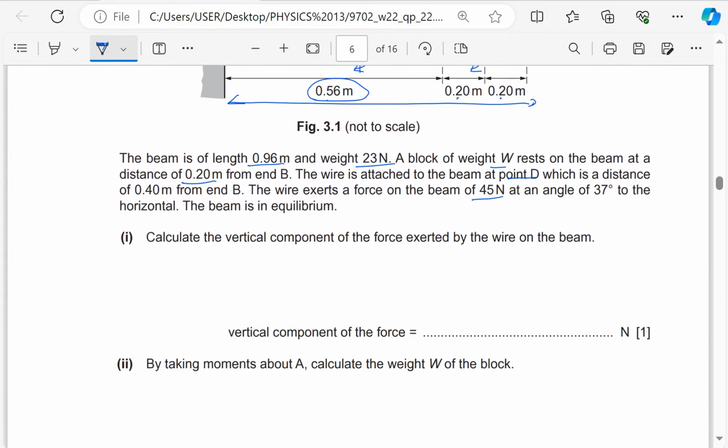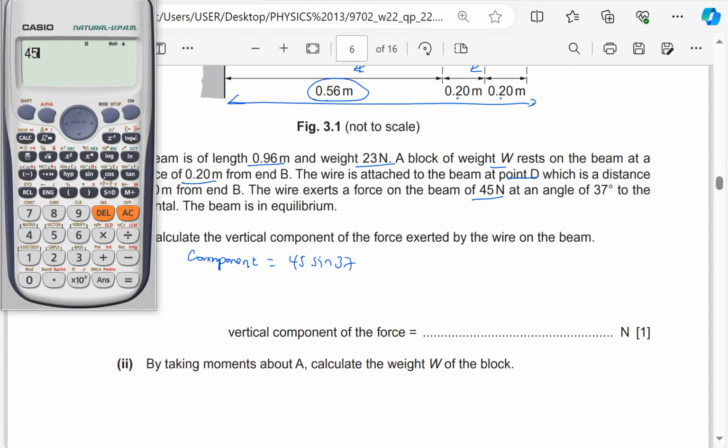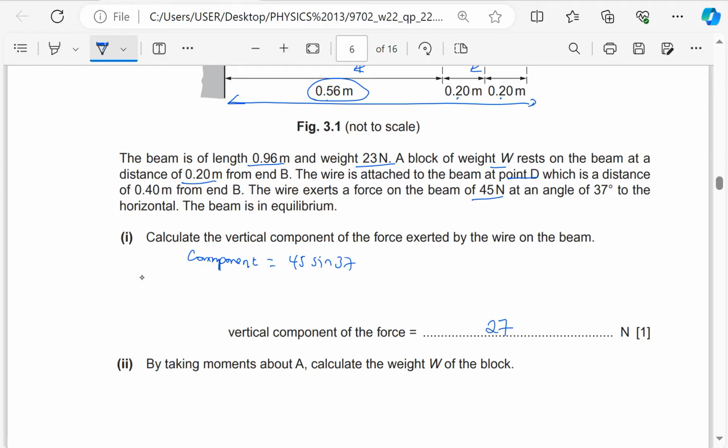Okay, so calculate the vertical component of the force exerted by the wire on the beam. So we have already seen that component is equal to 45 sine of 37. 45 sine 37, that is 27.1, or simply 27 newtons.